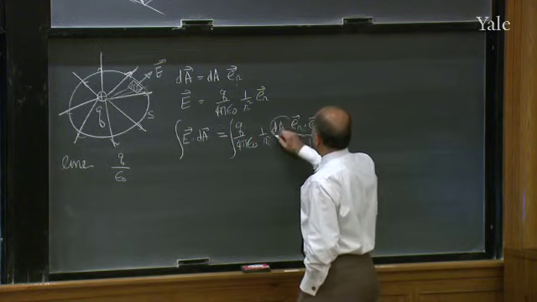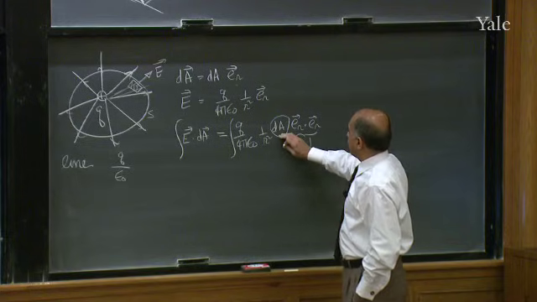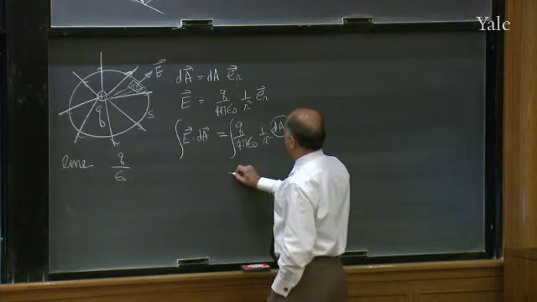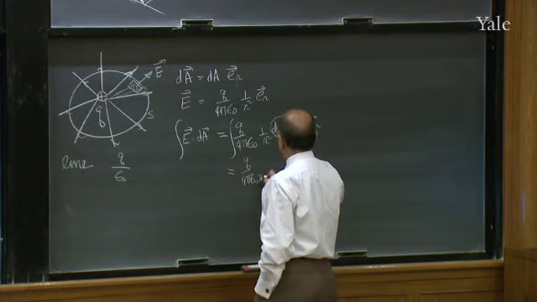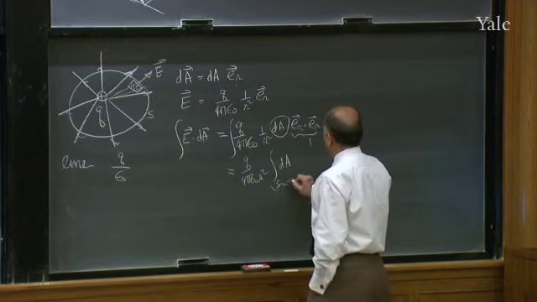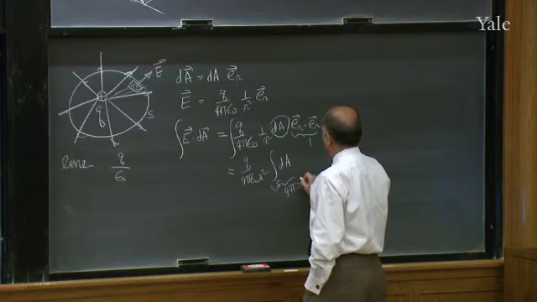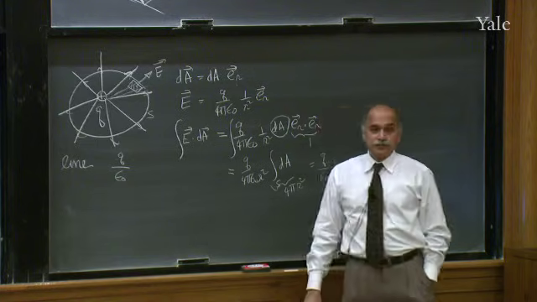If you add up all the lines, you must add up all the dAs. The sum of all the dAs on a sphere of radius r gives Q over 4 pi epsilon 0 R square times the sum of all the dAs on a sphere, which is just 4 pi R square. So you get Q over epsilon 0.